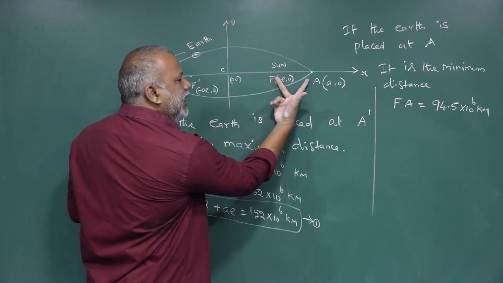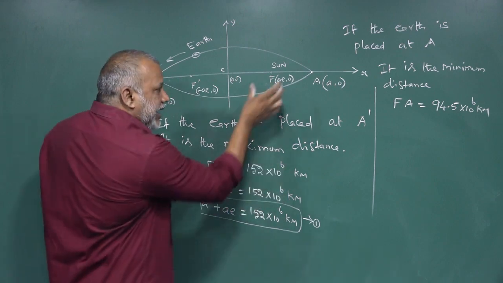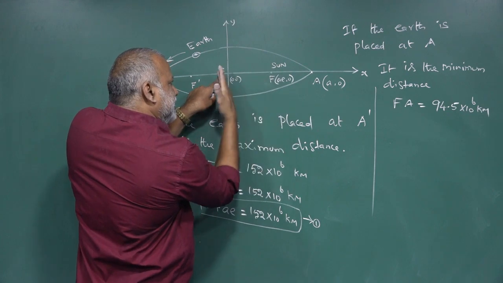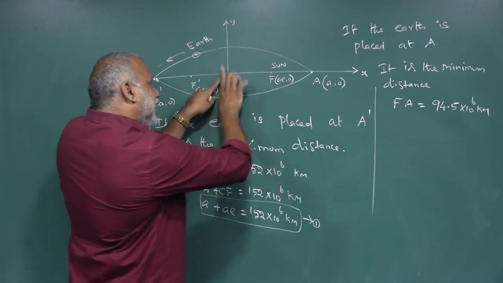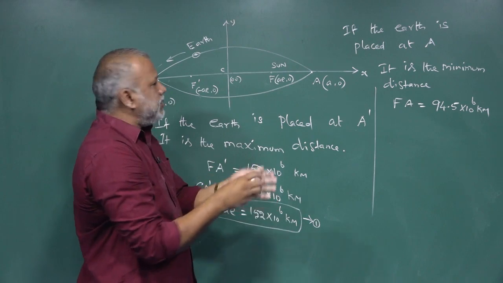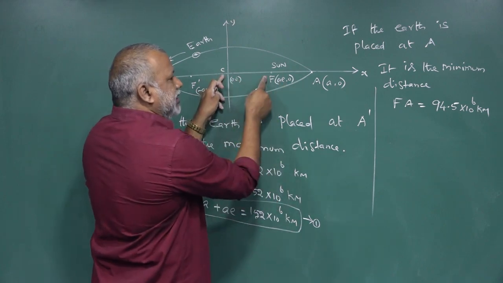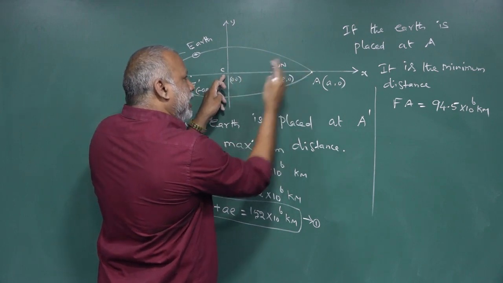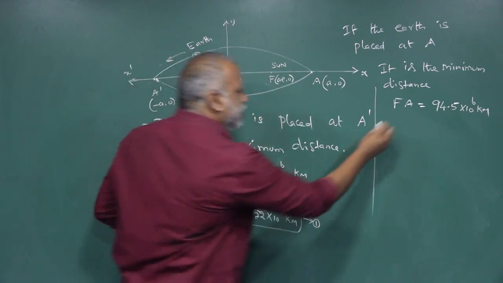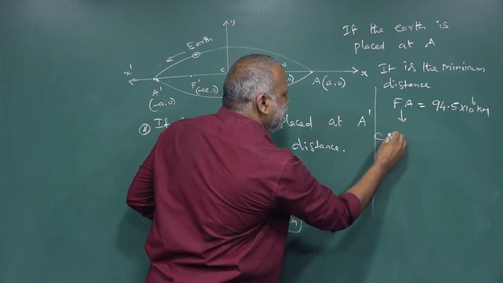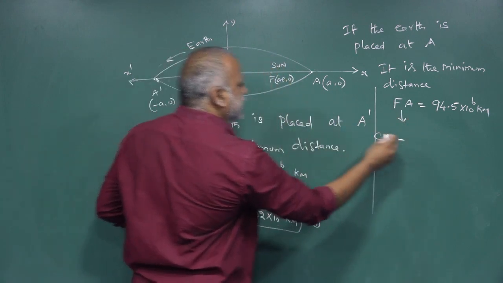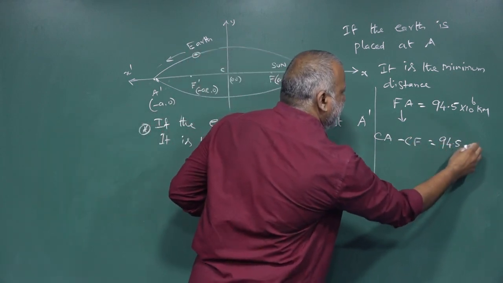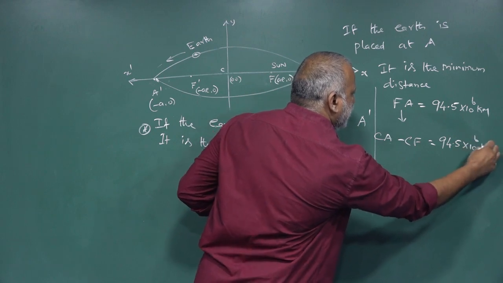Now FA can be split in the form I need. CA minus CF will produce FA. Therefore, I can write FA in the form of CA minus CF equal to 94.5 into 10 to the power 6 kilometer.